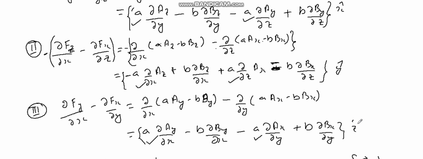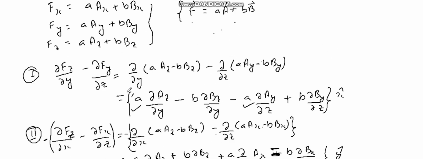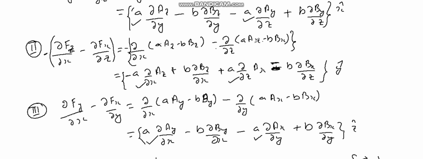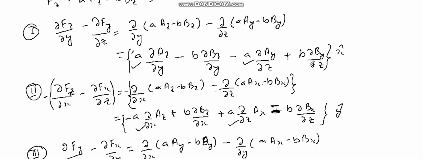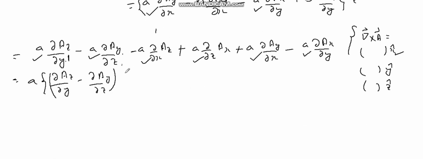I didn't mention the unit vectors because these terms 1, 2, 3 are only components. But when we take out these terms, along with that I have to include the unit vector as well. So here we are going to have a unit vector from this. Similarly these two terms are going to have another unit vector y, and these two terms have another unit vector z. So this is going to be x cap.